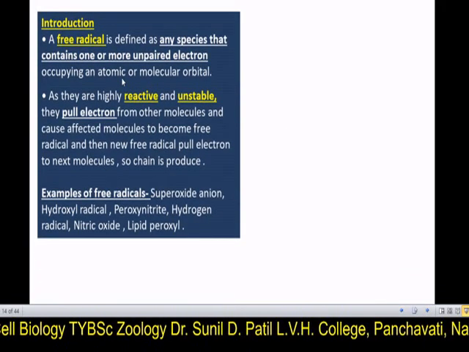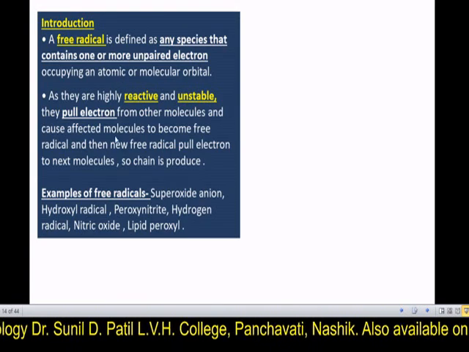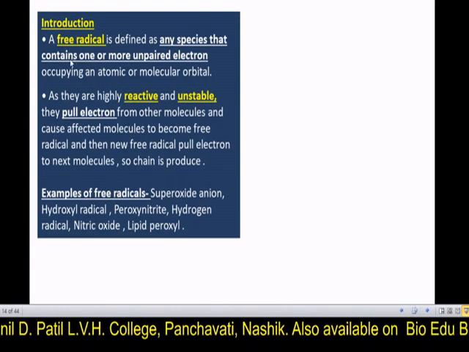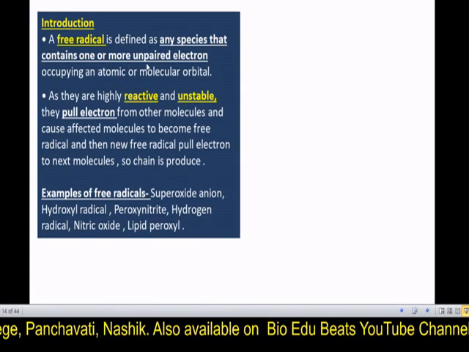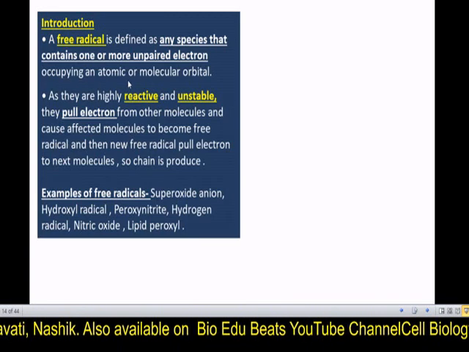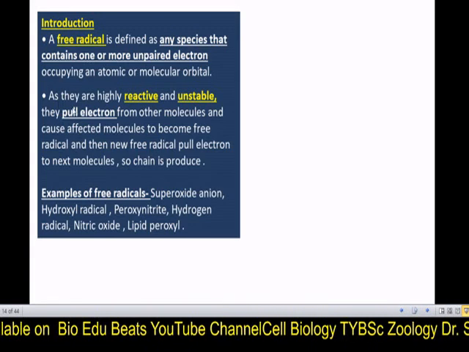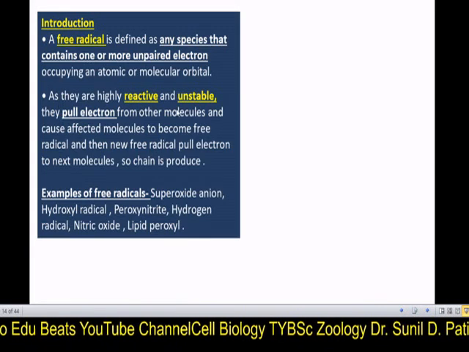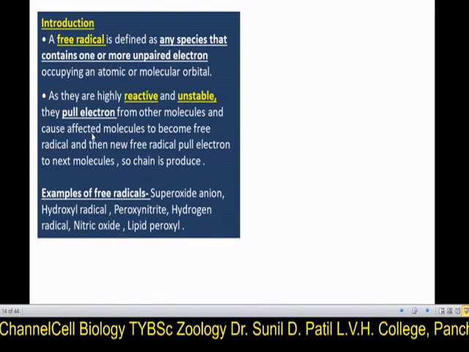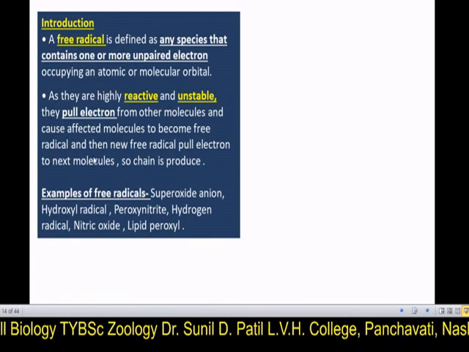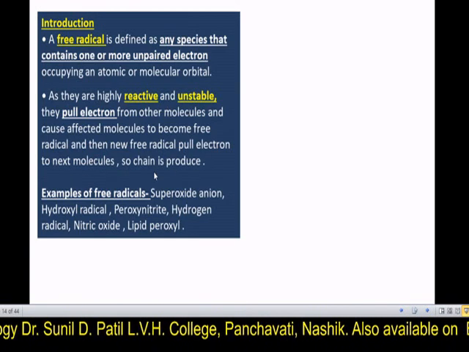In our syllabus, it is given that we study free radicals, so we are going into detail and depth on free radicals. A free radical is defined as any species that contains one or more unpaired electrons occupying an atomic or molecular orbital. Unpaired electrons are highly reactive and unstable. They pull electrons from other molecules and cause the affected molecule to become a free radical, and then the new free radical pulls an electron from the next molecule and a chain is produced.